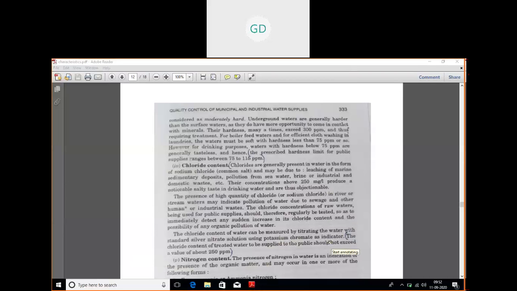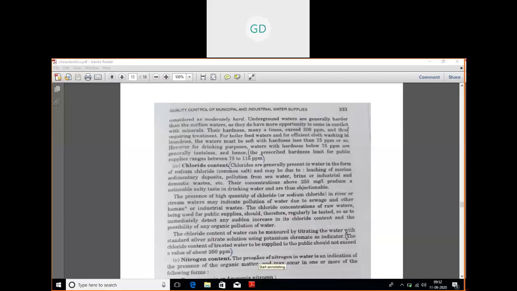Okay, you see here. Whenever there is chloride content present in water, you can say that water is polluted, either due to sewage and or industrial waste.